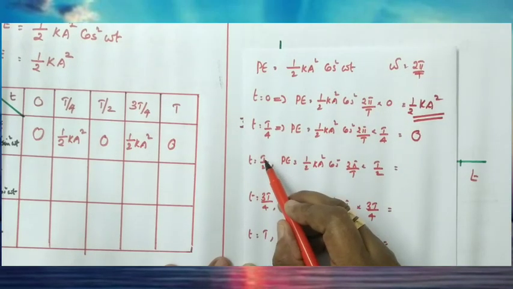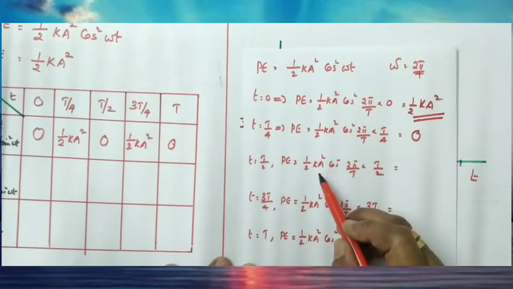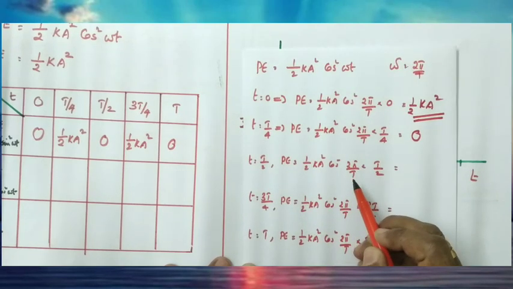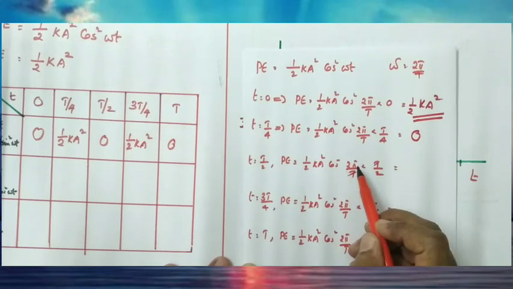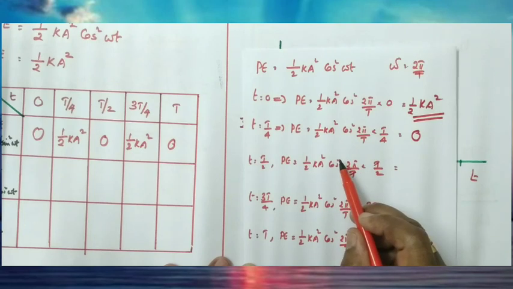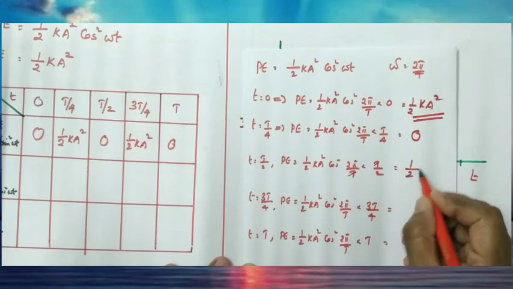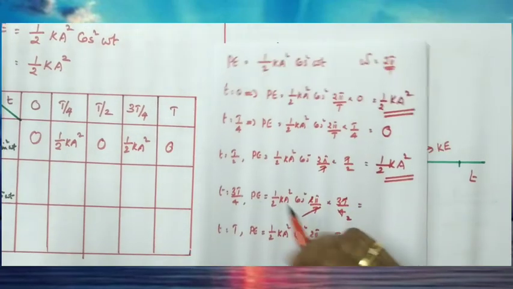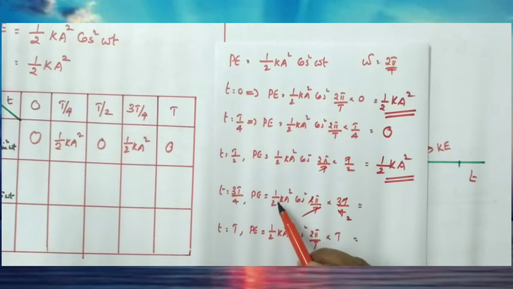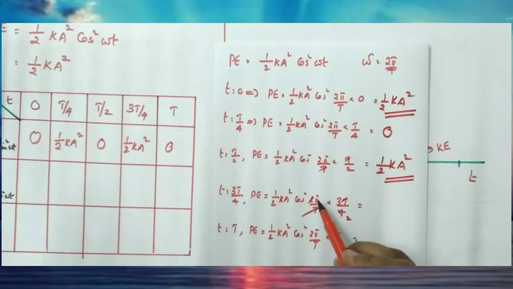Now at time t is equal to T by 2, potential energy is half k a square cos square 2 pi by T into T by 2. Here also T gets cancelled, 2 gets cancelled, and cos pi is minus 1. Squared, so here it is again half k a square. Now when t is equal to 3T by 4, potential energy is half k a square cos square 2 pi by T into 3T by 4.